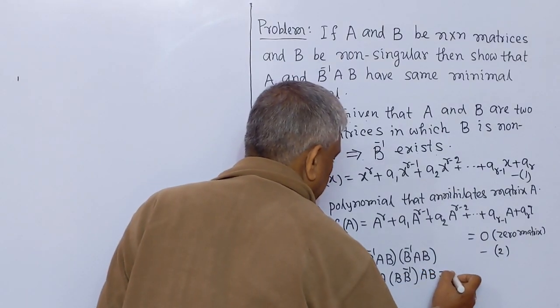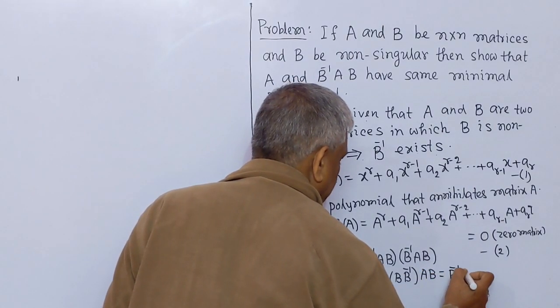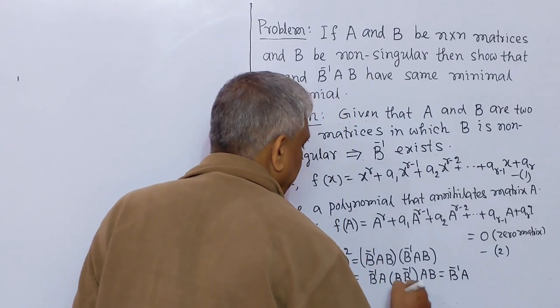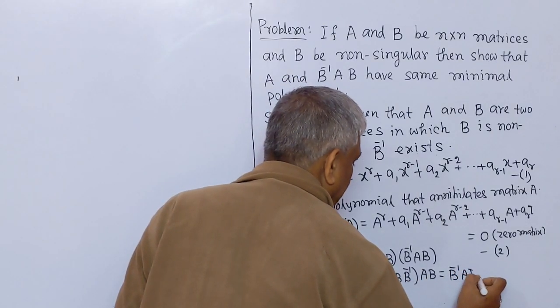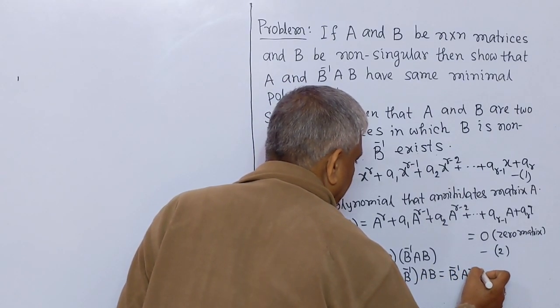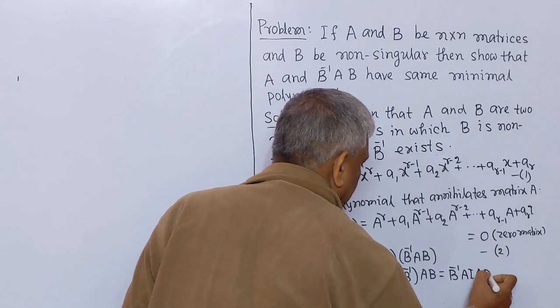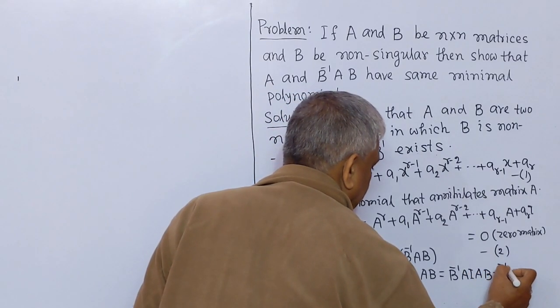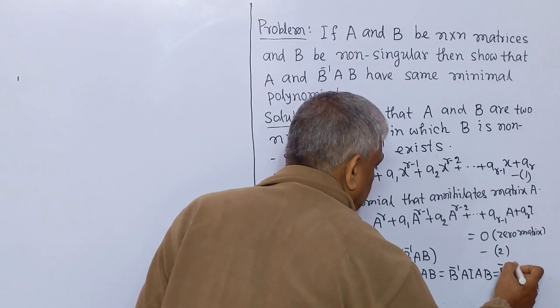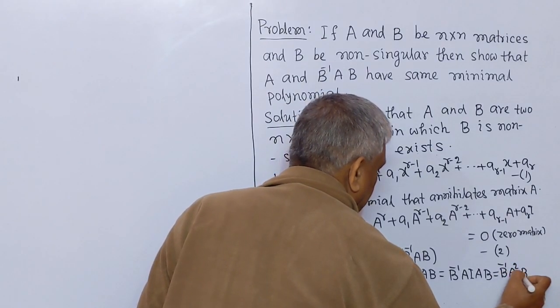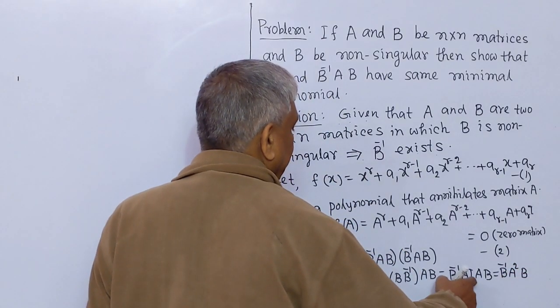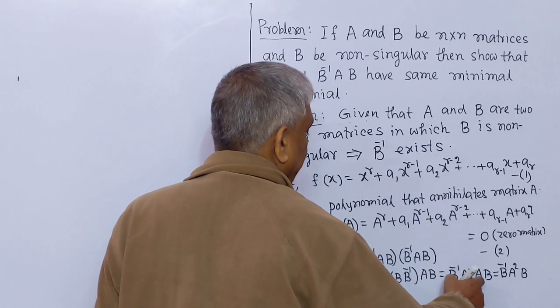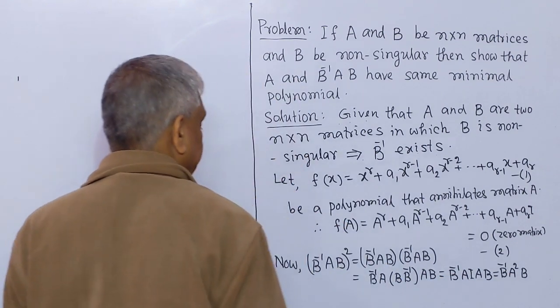This equal to B inverse A, B B inverse is unit matrix I, AB. This equal to B inverse A square B, because A multiply unit matrix is A, A multiply A is A square.